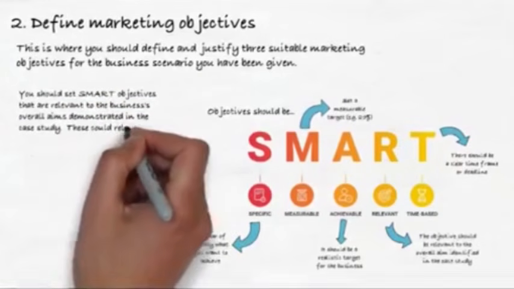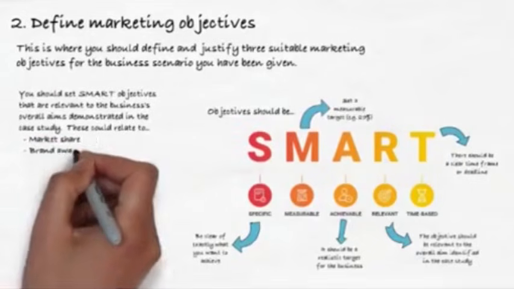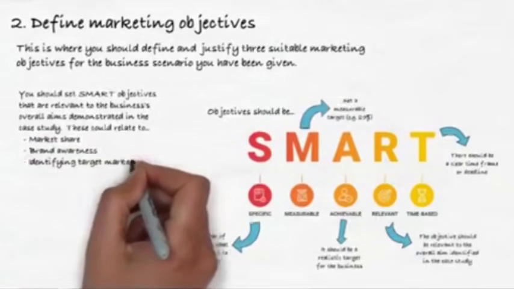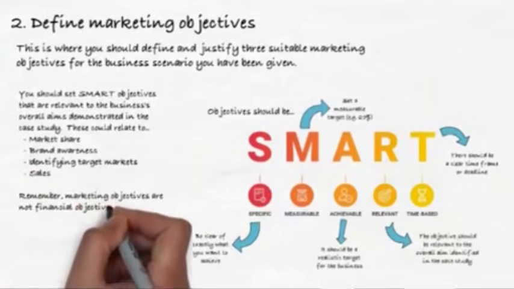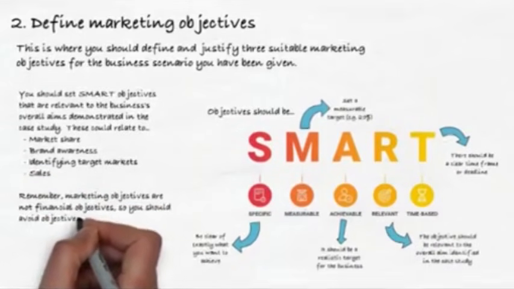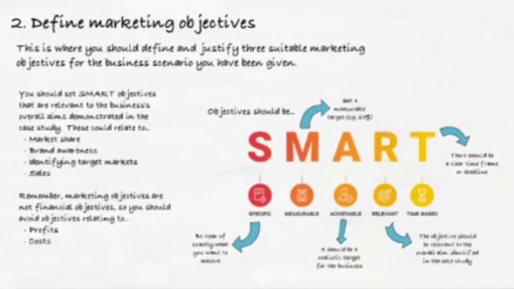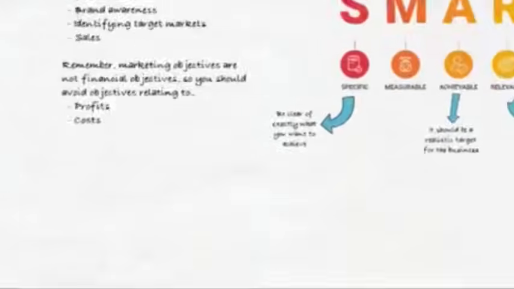This includes objectives relating to things like market share, brand awareness, identifying target markets and sales. You should avoid any objectives relating to profits or costs, as these are generally financial objectives.